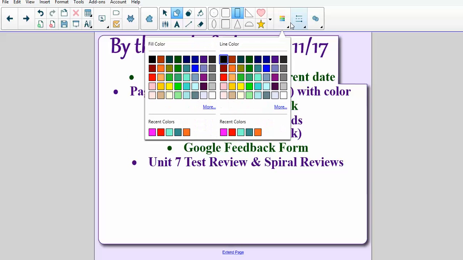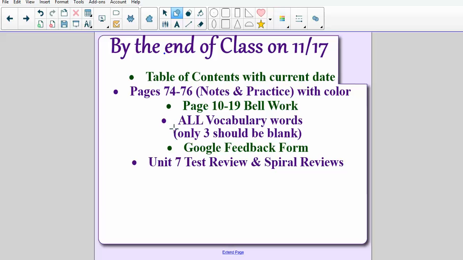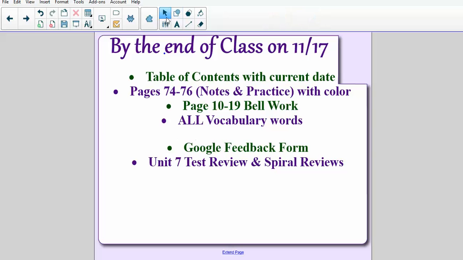So anyways, by the 17th, which is our next class day, all your vocabulary words should be done because we just finished the unit. Pages 74 through 76 should actually be the pages to be done. Pages 10 through 19, basically everything in your notebook should be done.